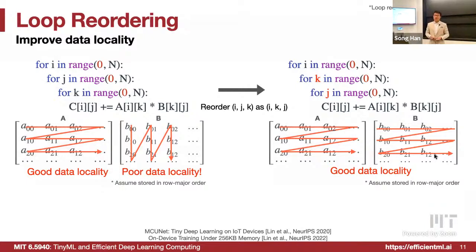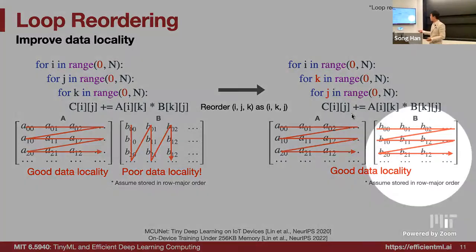So what is the catch here? What about the locality for C? Did it get better? Did it get worse for the C matrix? Yes, exactly.